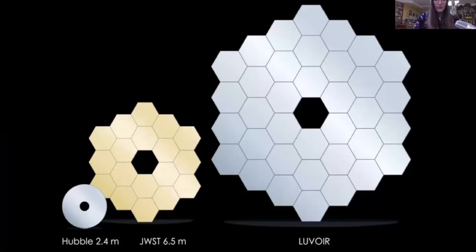And the way we're going to do that is we need much bigger telescopes. So over here on the left is the Hubble Space Telescope, and it is 2.4 meters across, which is a really big telescope that we've put into outer space, and it's taking amazing photos. The next telescope that we're launching is called the James Webb Space Telescope, or JWST, and it's about 6.5 meters in diameter.